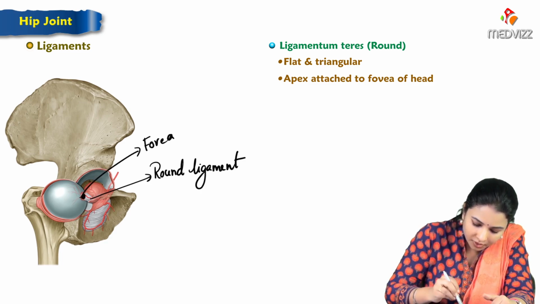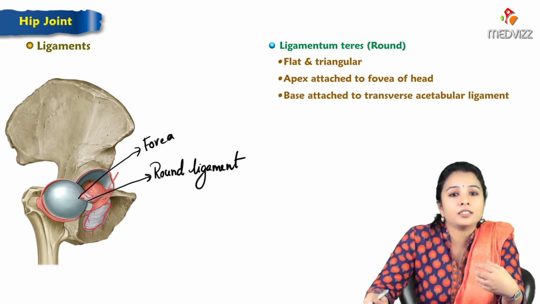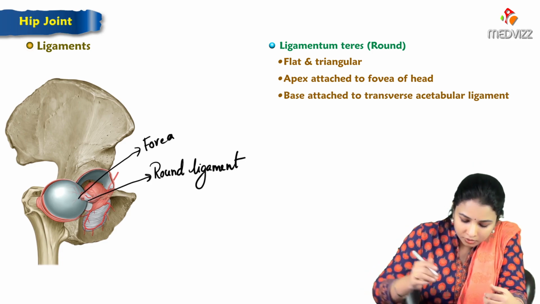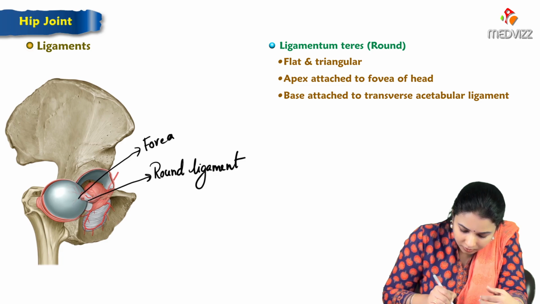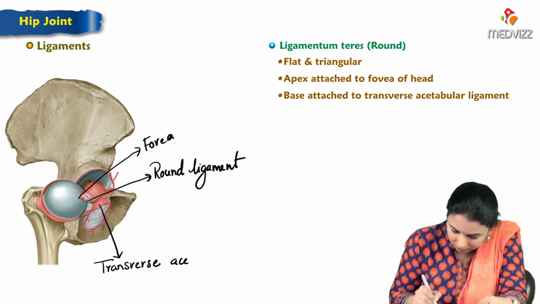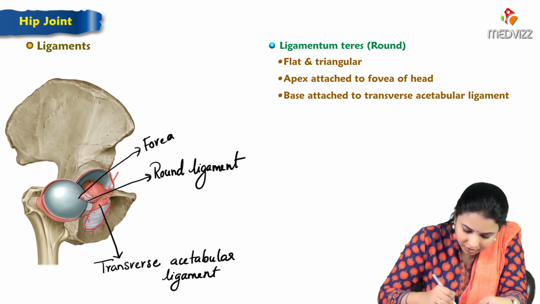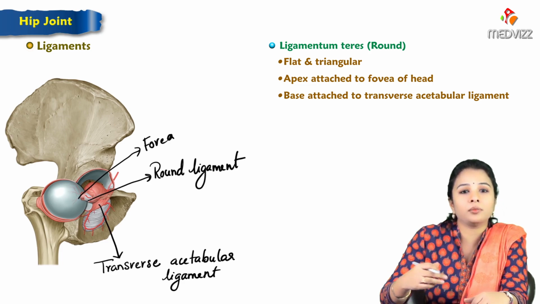This is the fovea of the head. And its base attaches to the transverse acetabular ligament. So we can see here it blends with the transverse acetabular ligament.